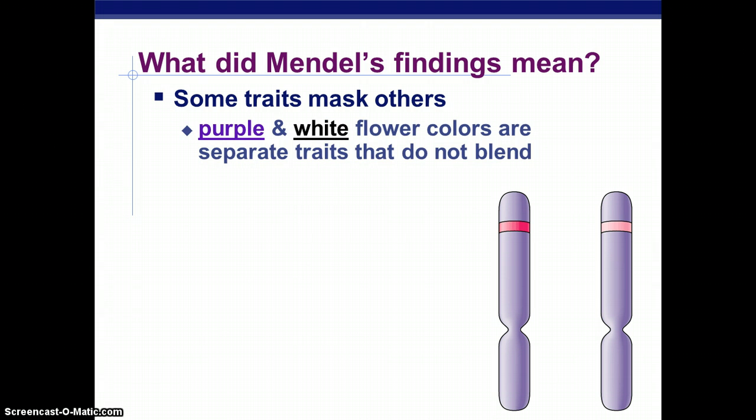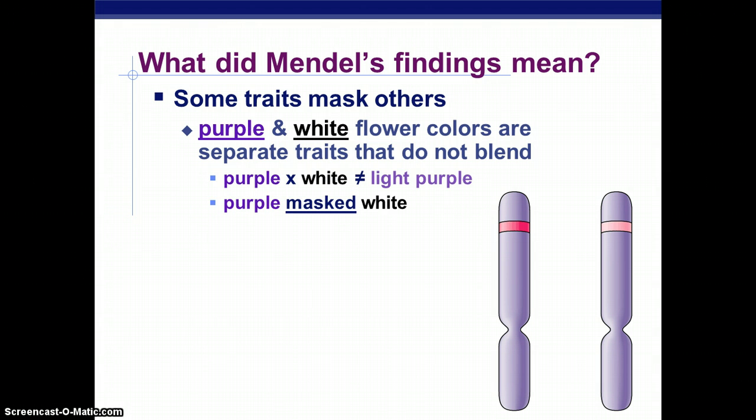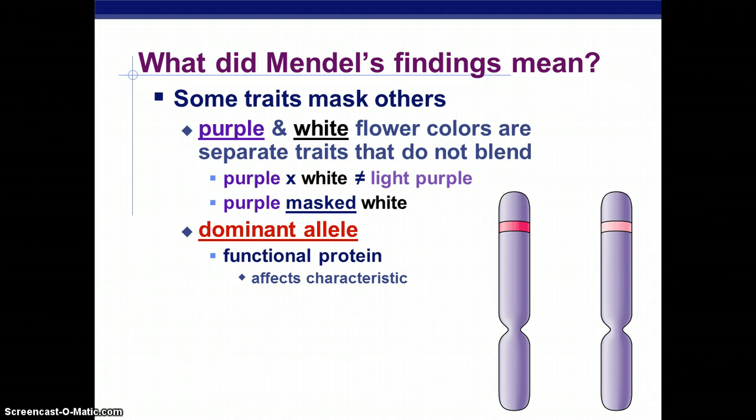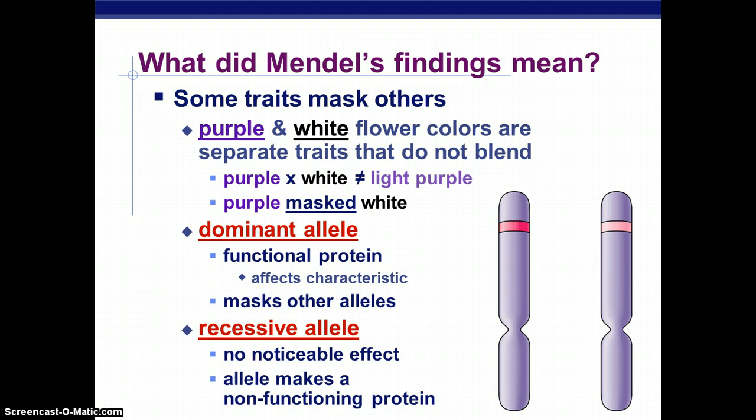So what did these findings actually mean? Well, he figured out that some traits can mask or suppress others. So purple and white flower colors are separate traits that do not blend. So we talked about this in class, and this was a dominant allele versus a recessive allele.